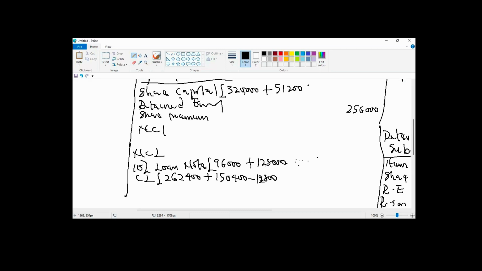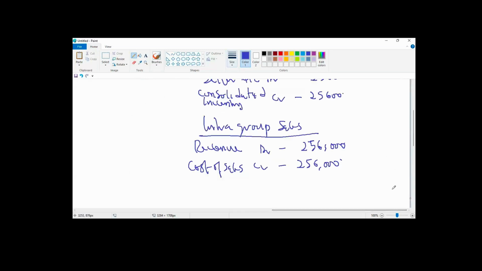Third one, last one. The parent has a policy of accounting for any non-controlling interest at fair value. For this purpose, the fair value of the goodwill attributed to non-controlling interest in the subsidiary is 48. He has given me goodwill attributed to NCI. I have two options, but he has not given me the net assets.